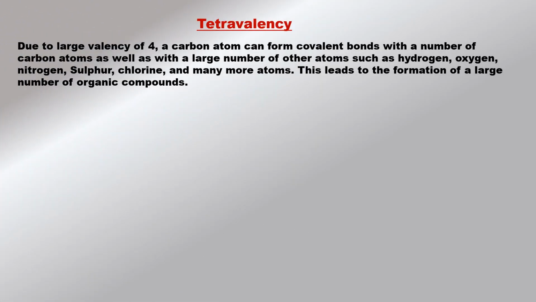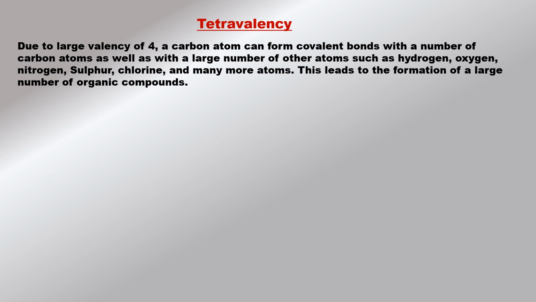Tetravalency. A carbon atom has 4 electrons in its outermost shell, so it requires 4 more electrons to achieve the stable 8-electron inert gas electron arrangement, which it gets by sharing. Since one carbon atom requires 4 electrons to achieve the 8-electron inert gas structure, therefore, the valency of carbon is 4.